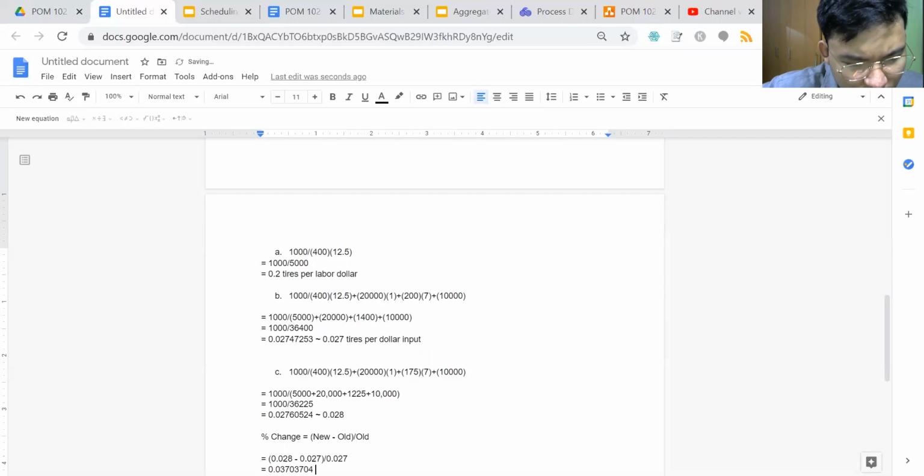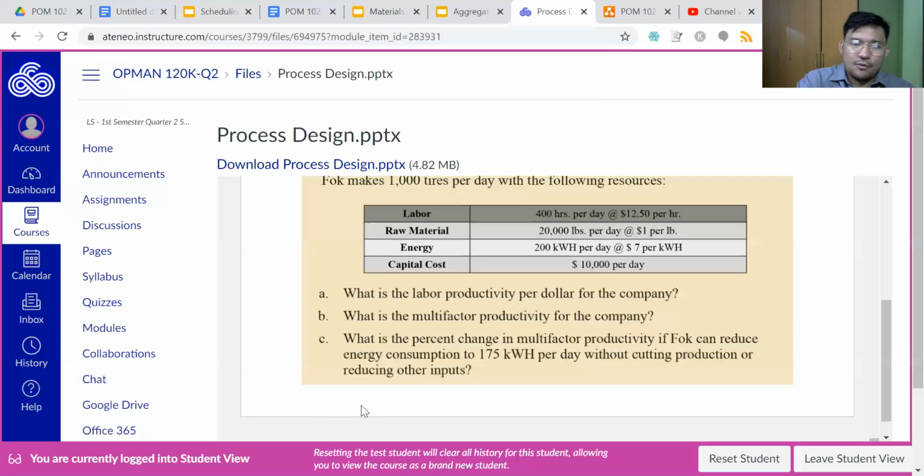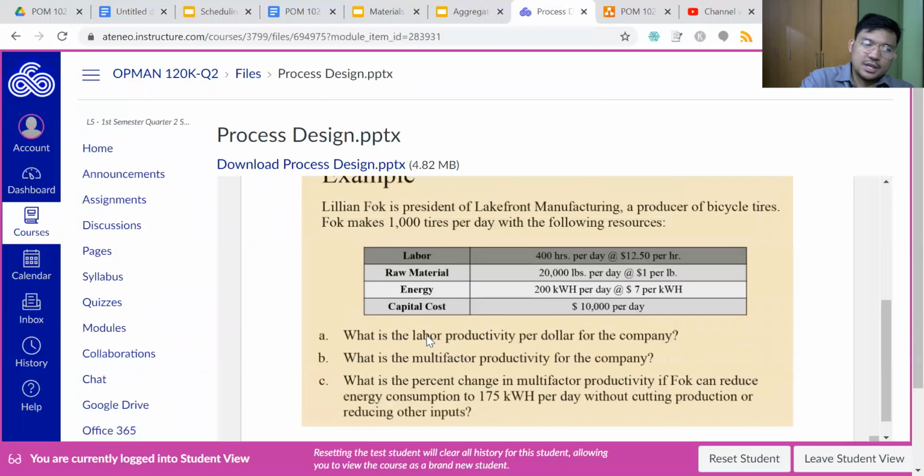We're going to round that to 3.7%. So a 3.7% change in productivity. That is the answer for question C for this example.